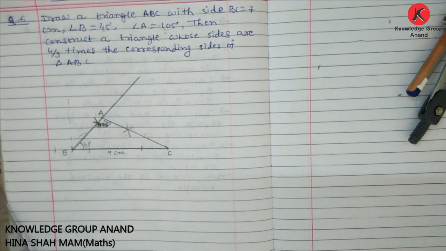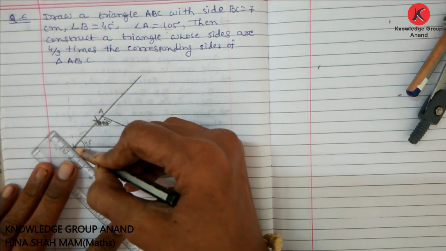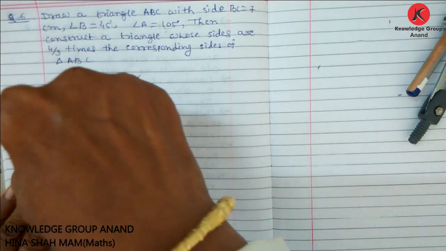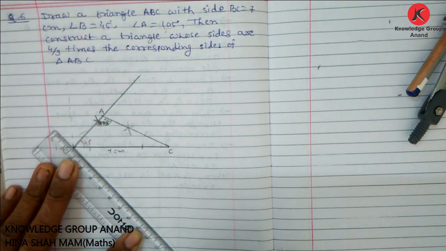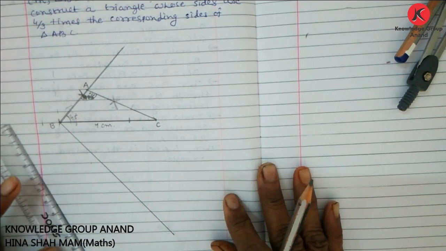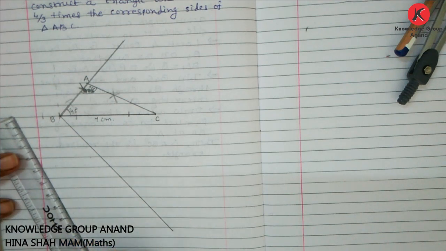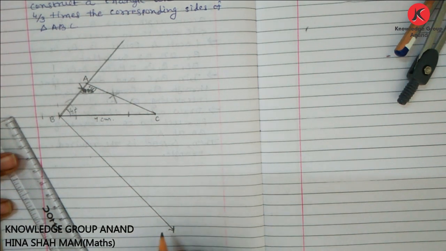Then we draw any ray BX making an acute angle with BC, angle any ray BX.